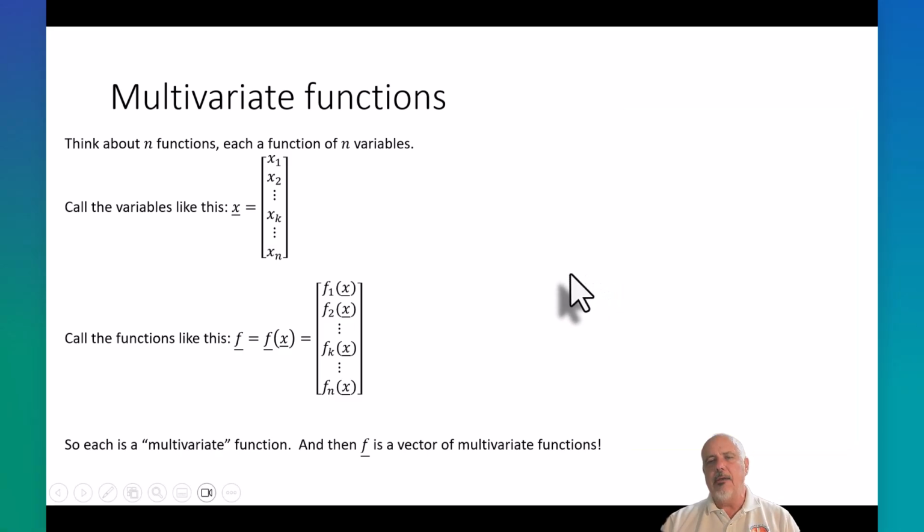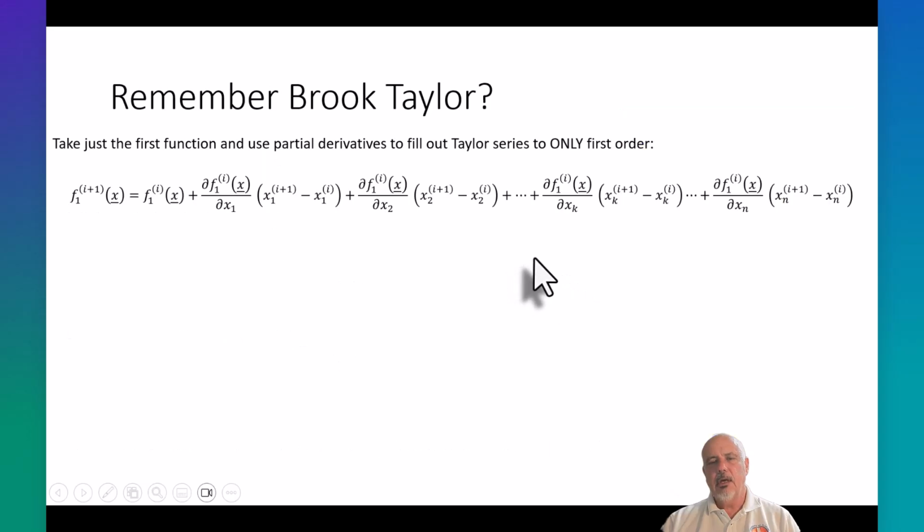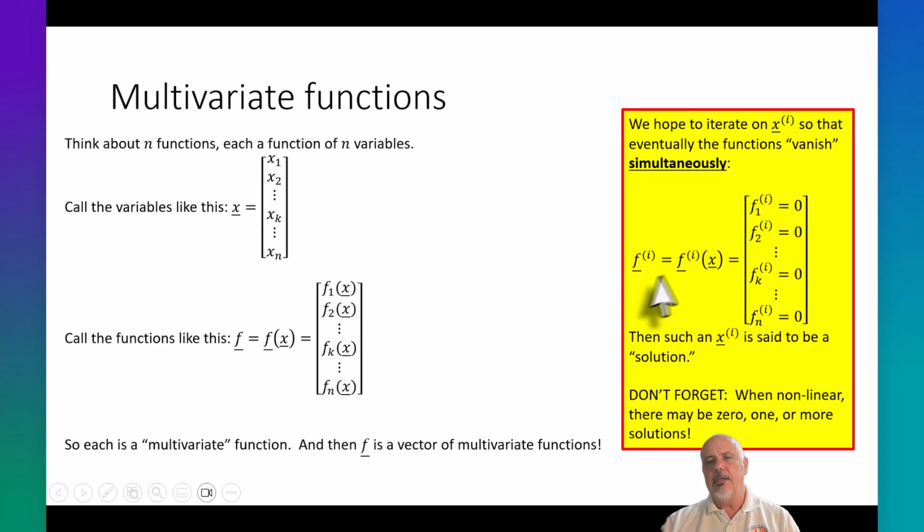What you want is for these functions to be zero at a particular iteration. That's what you're hoping for, that all of the functions go to zero simultaneously. They simultaneously, quote unquote, vanish. And when that happens, the associated column vector of x values is a solution.